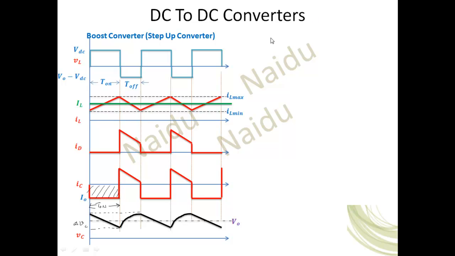As we already discussed in buck converter, delta VC is nothing but 1 by C integral from T1 to T2 IC dt. So this is nothing but area under the capacitor curve, the area under the capacitor current.